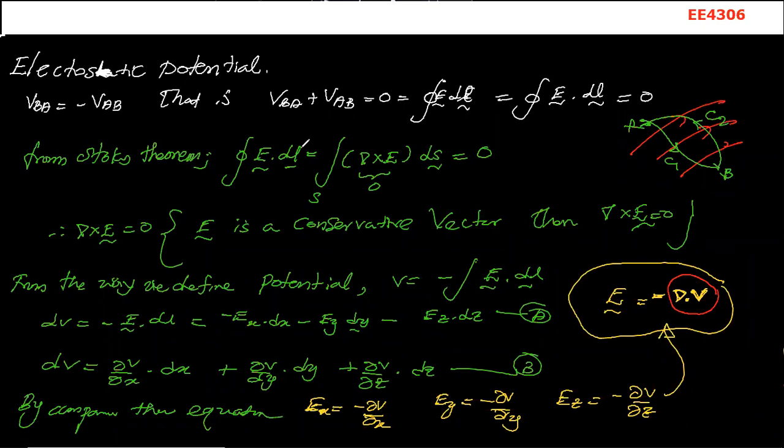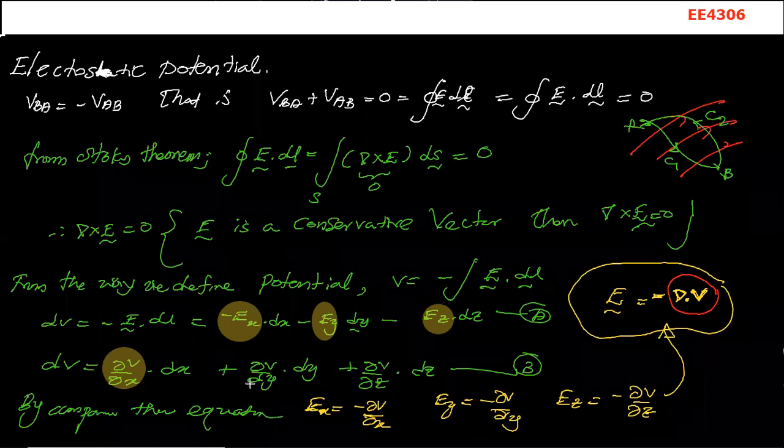By equating these terms, we have derived this relationship. We compare Ex, Ey, Ez with dV divided by dx, dy, dz, and by comparing these terms, we have derived this relationship.